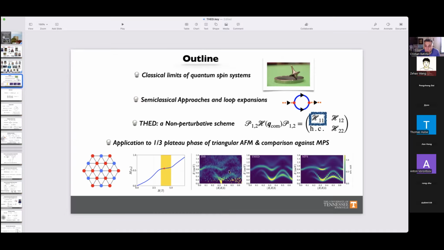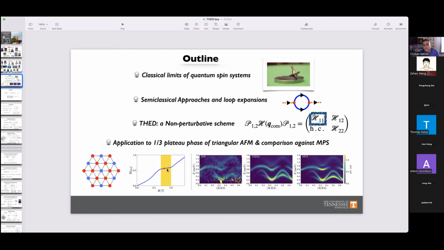And it actually works quite well, at least for magnets that have a gap in the quasi-particle spectrum. Like for instance, this is the case of this triangular-lattice antiferromagnet that exhibits a 1/3 plateau when you apply a magnetic field.